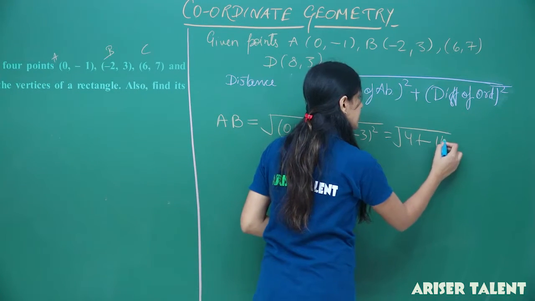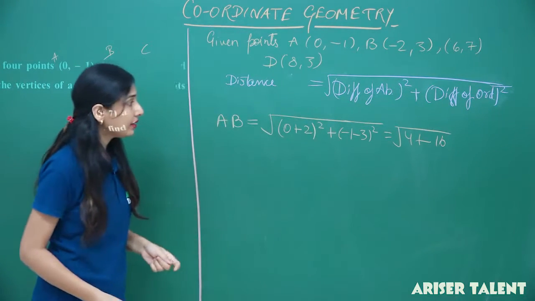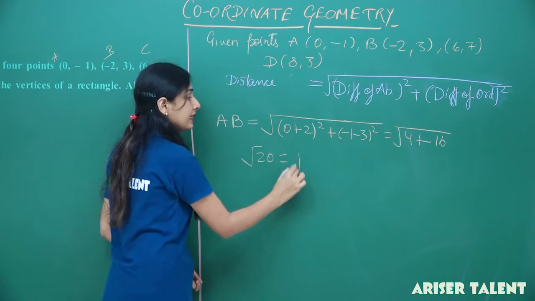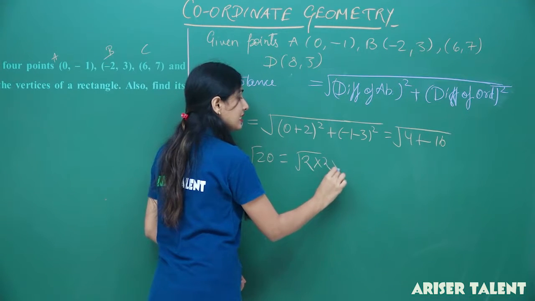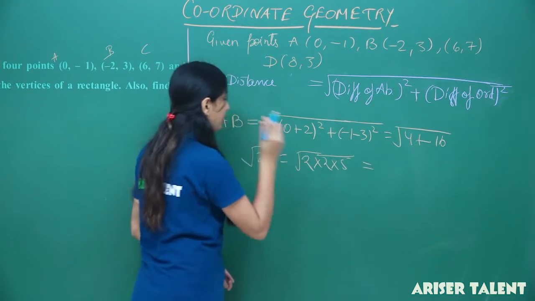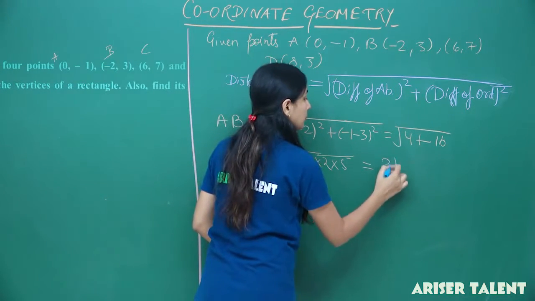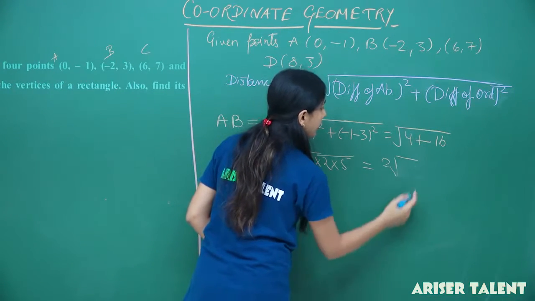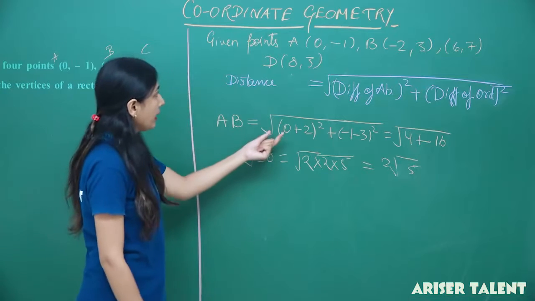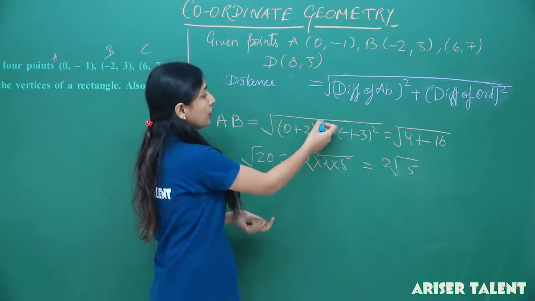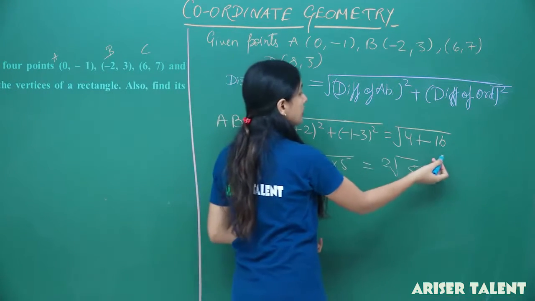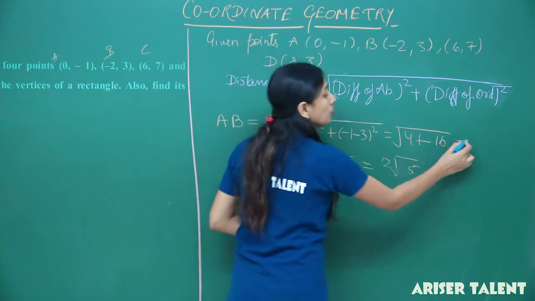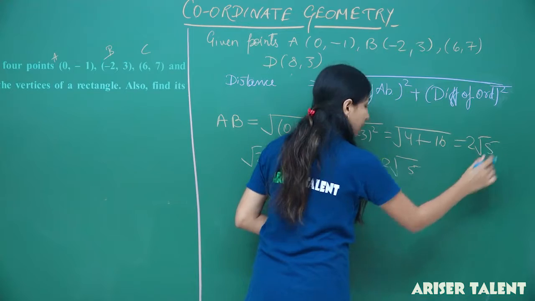So 4 plus 16 is 20, and 20 is 2 multiplied by 2 multiplied by 5. So that will be 2 root 5. Again, 4 4s are 16, 16 plus 4 is 20. So we got this 2 root 5.